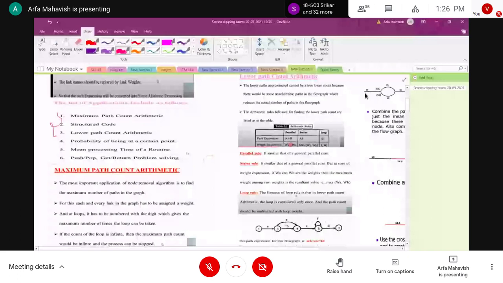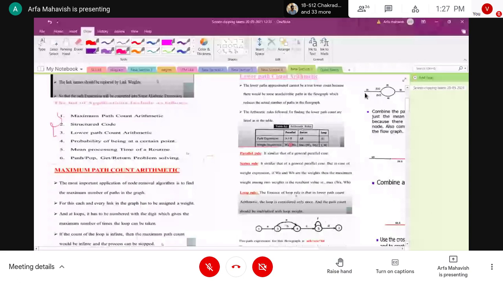Look at this. Parallel is similar to how we previously saw the parallel groups; the same general parallel cases will occur. Serial is also similar to the general cases.